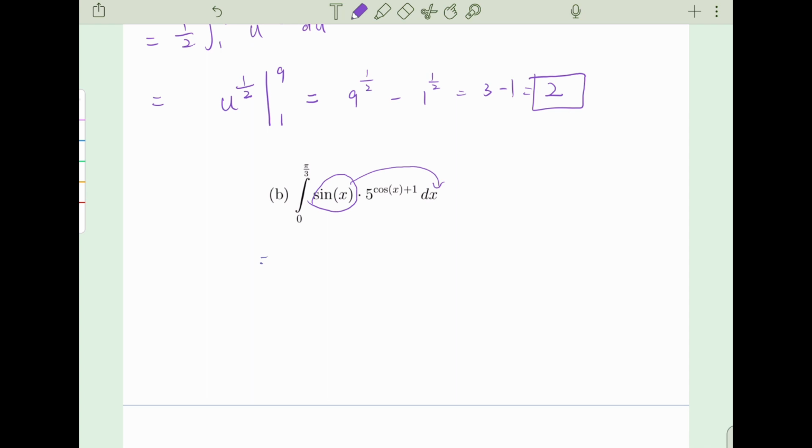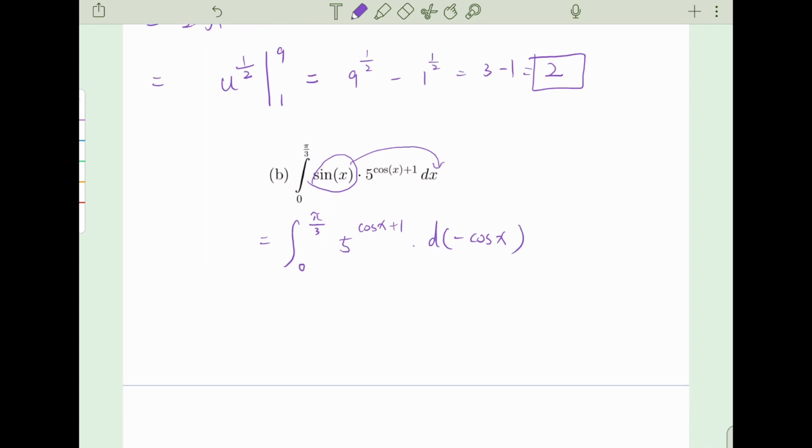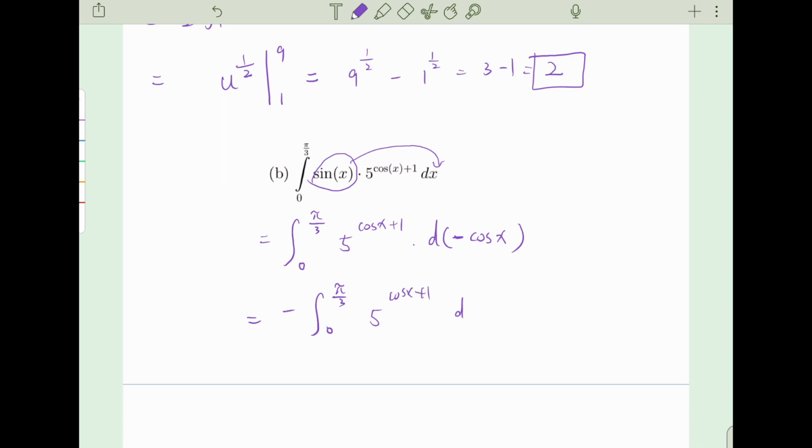Okay, so now I have this left outside the bracket, and when sine x goes into the differential sign, it becomes negative cos x. But we know that the sign does not matter because we can always factor out the sign. So factor out the sign, it becomes this 5 to the cos x plus 1 d cos of x.